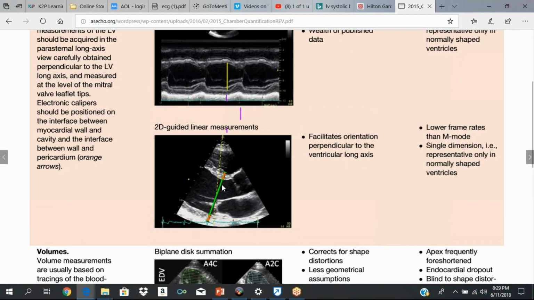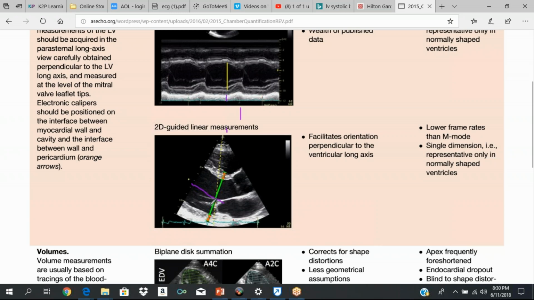Remember what we said, this straight line should be perpendicular to the LV internal dimension. So this is your LV right there. If you were drawing a line to represent the LV direction, it would be like this.